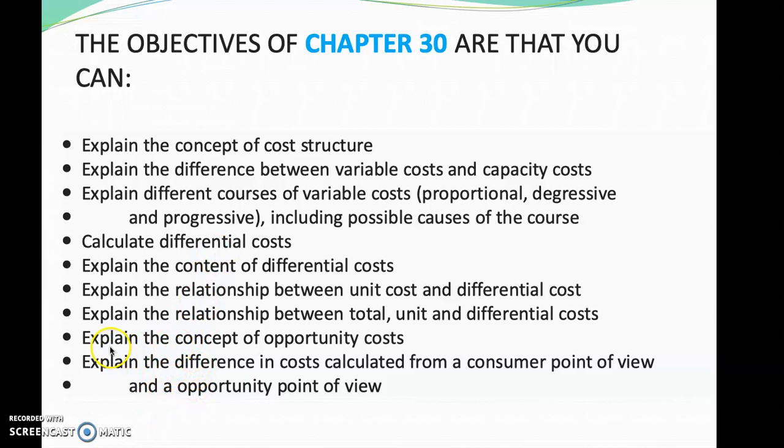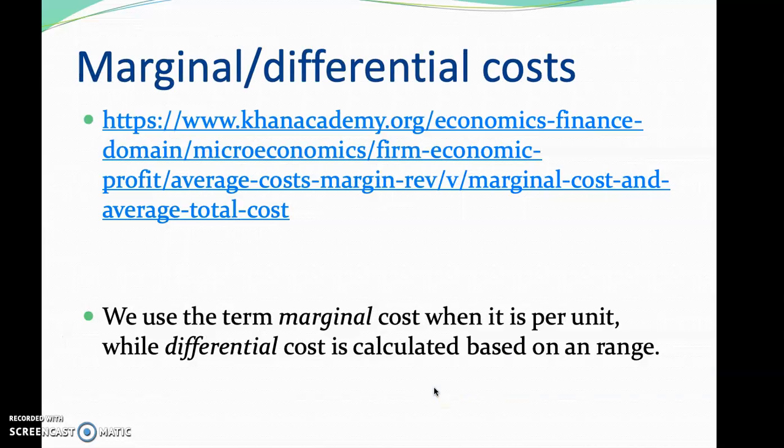And we're also supposed to explain the concept of opportunity cost, and explain the difference between cost calculated from the consumer point of view and the opportunity point of view. Marginal or differential cost. We use the term marginal cost when it's per unit, while differential cost is calculated based on a range.